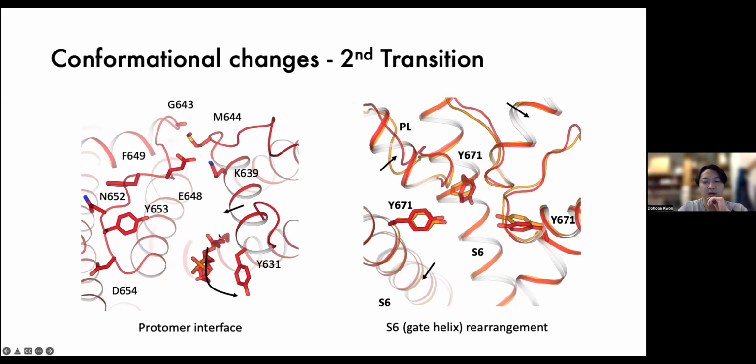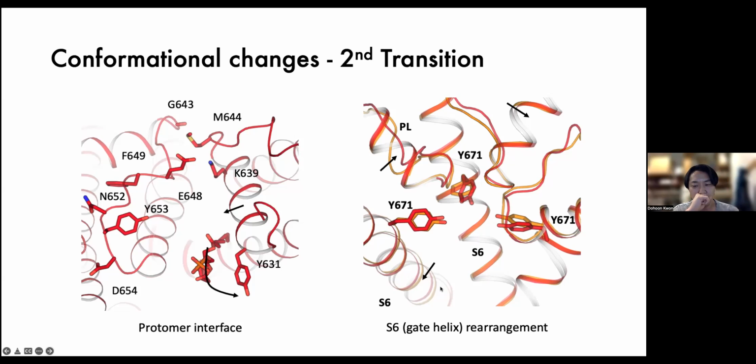We think this lipid conformation change is induced by the rotation flipping of the Y631. Also, the S6 gate changed to a pi-like helix, not a pi helix. Due to the helical change, the S6 gate is more dilated.